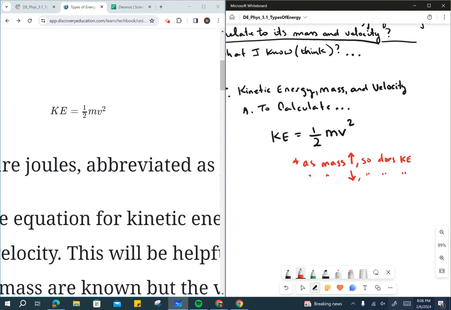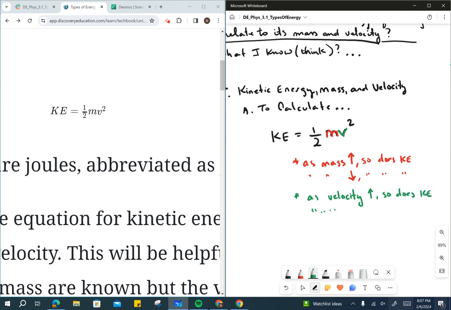We could also say, if I take the V and make that green, as velocity, that's speed and direction, increases, so does kinetic energy.